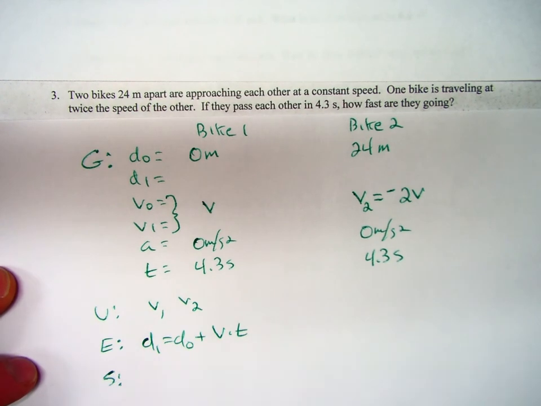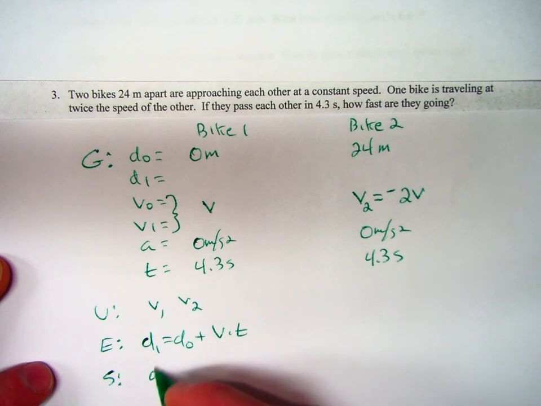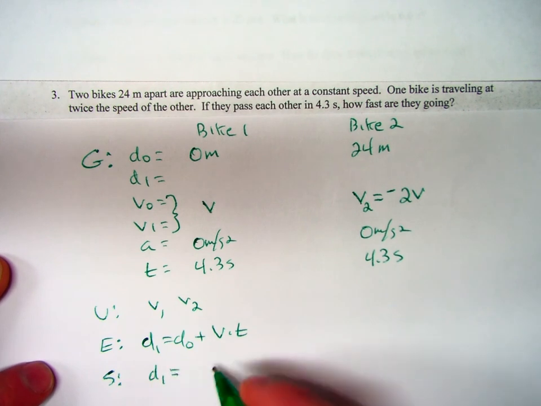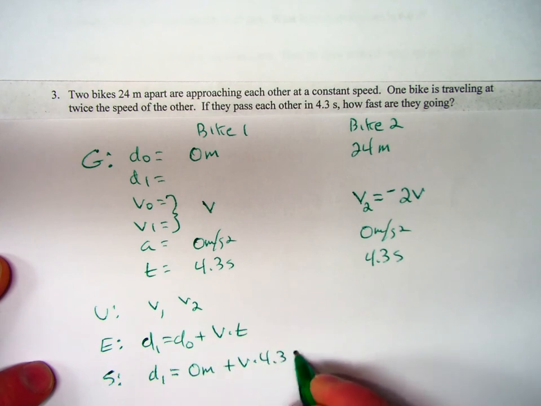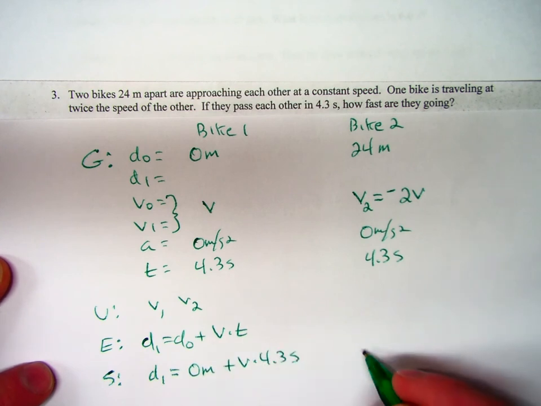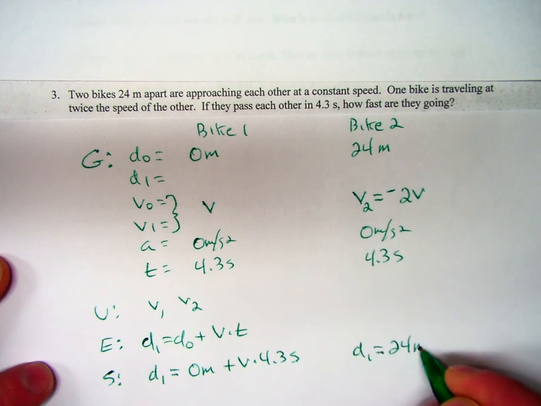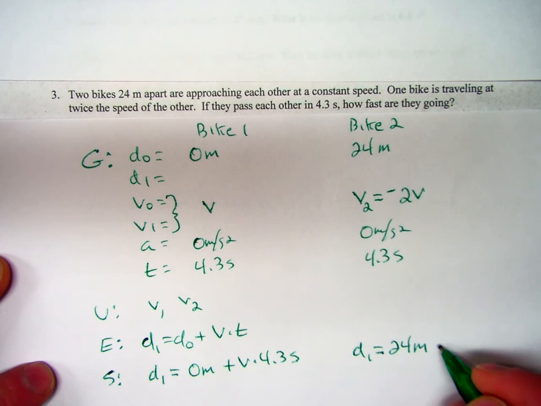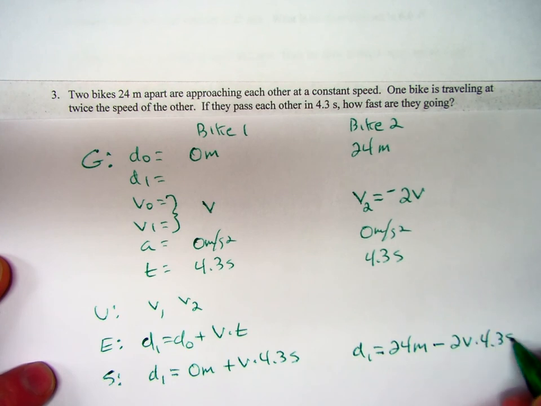Alright, we're going to define the relationship in terms of bike 1 and bike 2. So bike 1 is at D1 equals 0 meters plus V times 4.3 seconds. And for bike 2, D1 equals 24 meters minus 2V times 4.3 seconds.